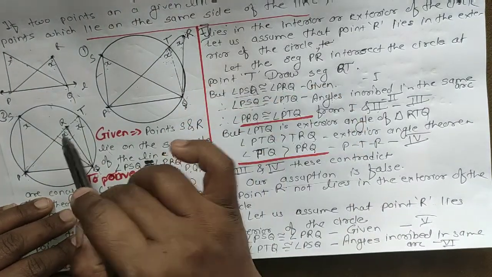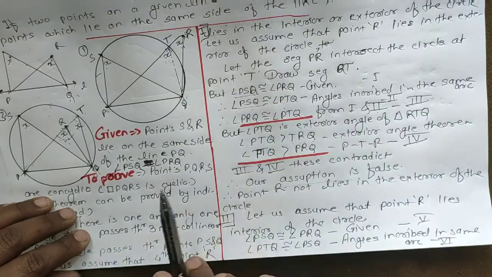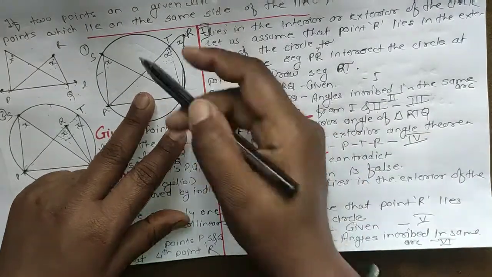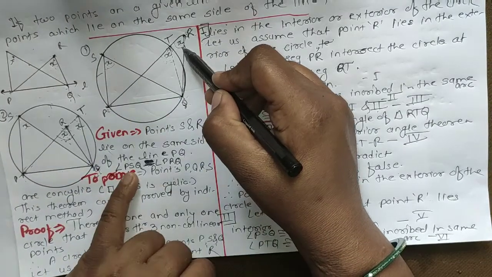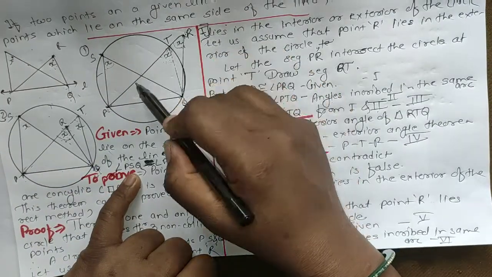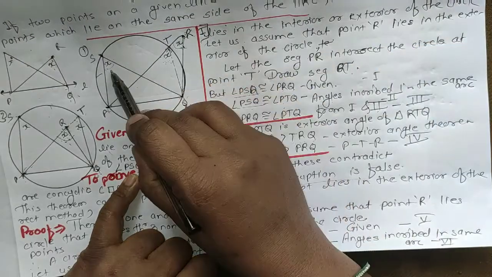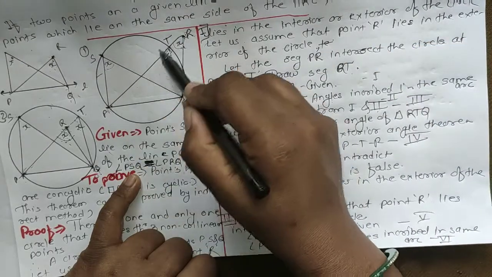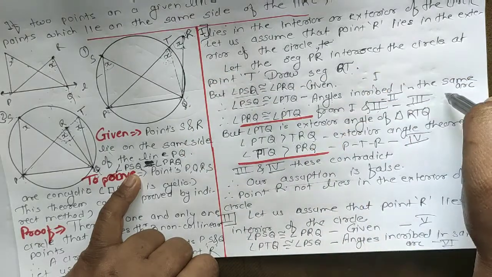First, inside we took R as exterior of the circle. For that we have to show that angle S is congruent to angle R, which is already given. Then, second, we take angles PSQ and PTQ, which are also congruent, because they are angles inscribed in the same arc.